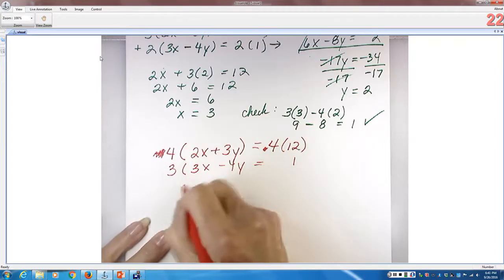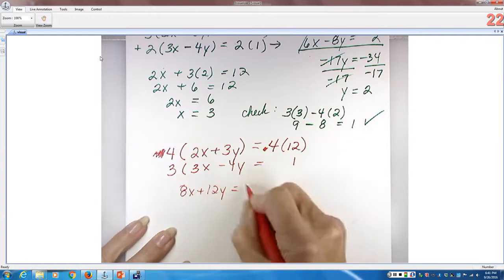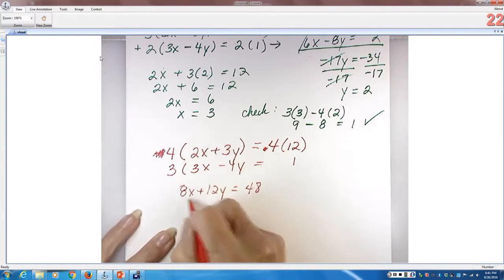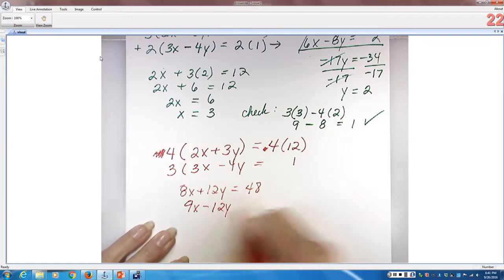4 times 2x is 8x plus 12y equals 48. 3 times 3 is 9x minus 12y equals 3 times 1, which is 3.